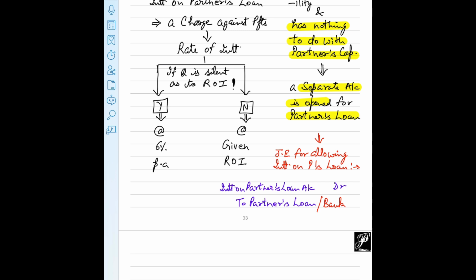If paid, you can directly credit bank. Even in the case of payment, it can be routed through partner's loan account. First, take it to partner's loan account and then make the payment against partner's loan, or you can directly debit interest on partner's loan and credit bank account.